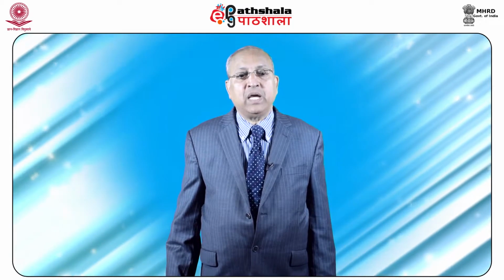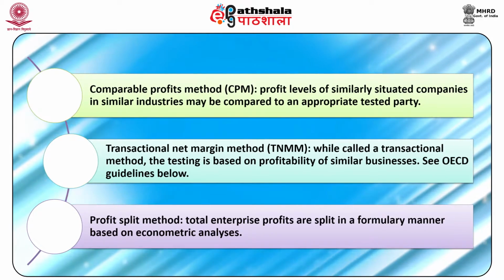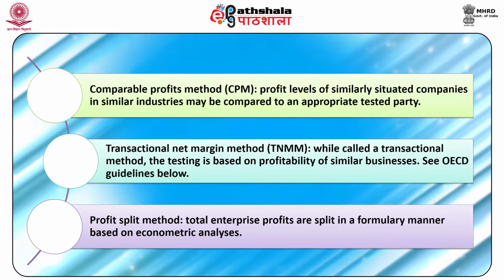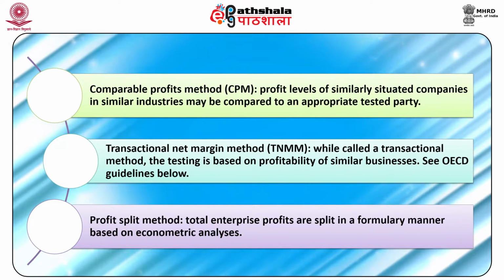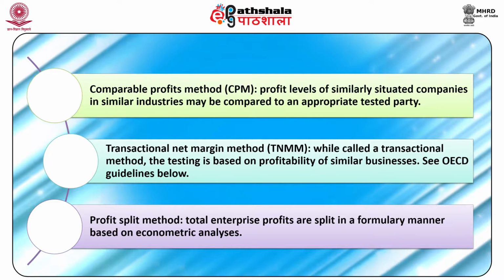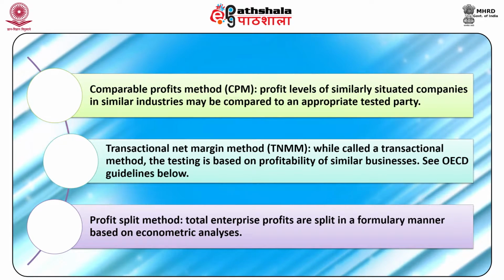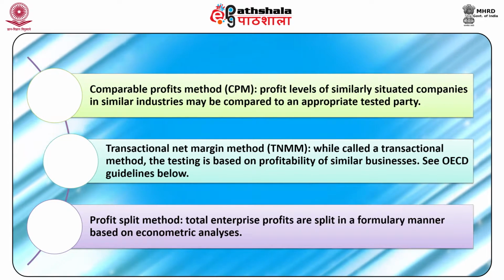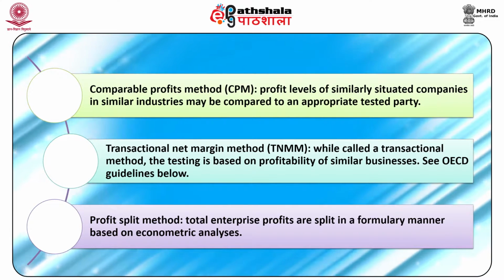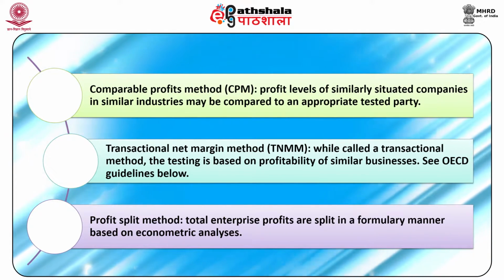These methods may include CPM, which is the comparable profits method, where the profit levels of similarly situated companies in similar industries may be compared to an appropriate tested party.